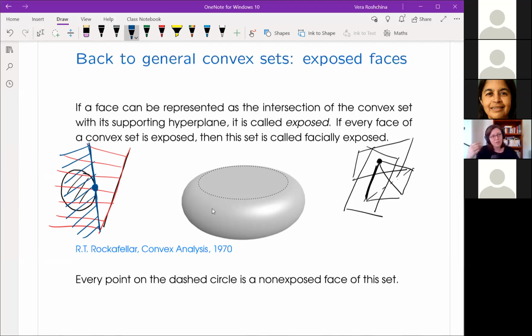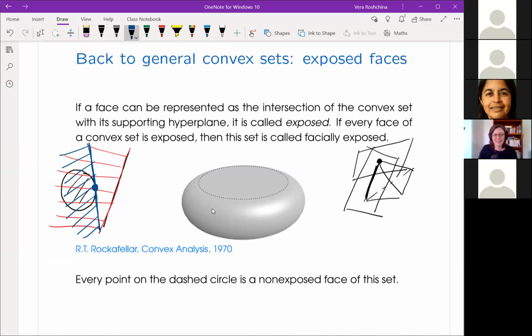So one of the most fundamental results in convex analysis, that allows us to do a lot of duality and whatnot, is that for any point on the boundary of a convex set, I can find a hyperplane that separates this point from the set, right?